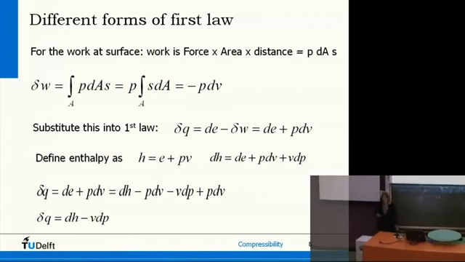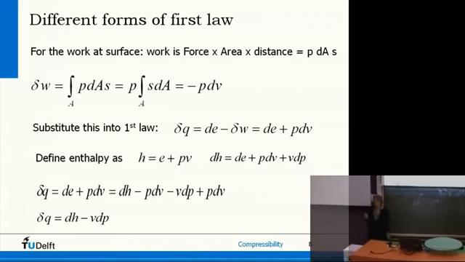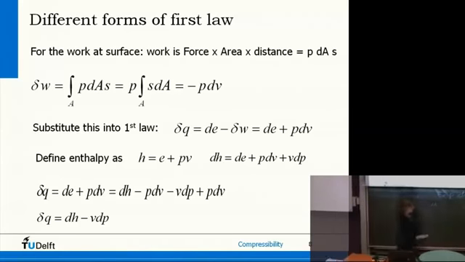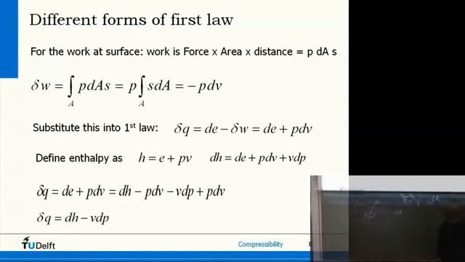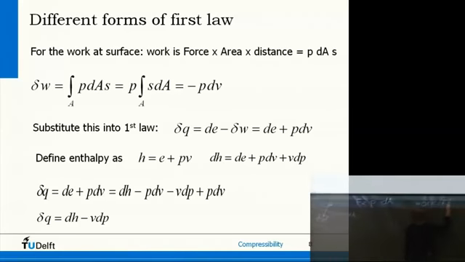Now, the work actually performed by this force is force times distance, right? So suppose I'm pushing this in distance s.